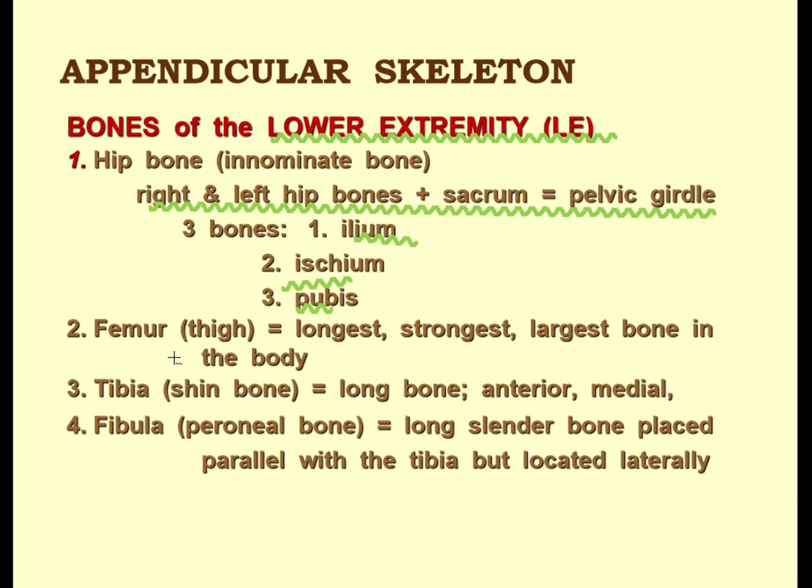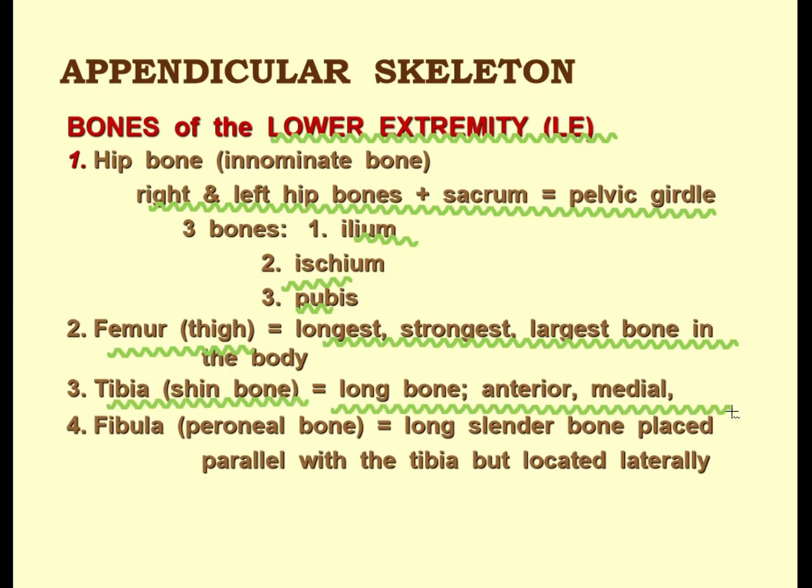Next, the femur or thigh bone. It is the longest, strongest, and largest bone in the body. Next is the tibia, the shin bone. It is a long bone, anterior and medial.